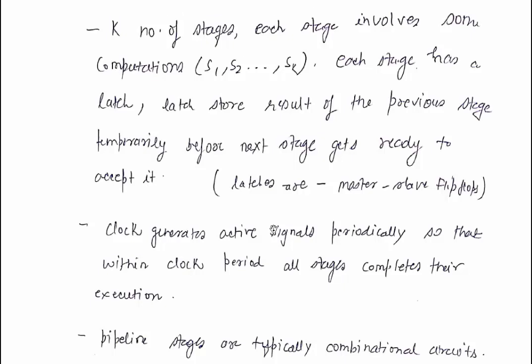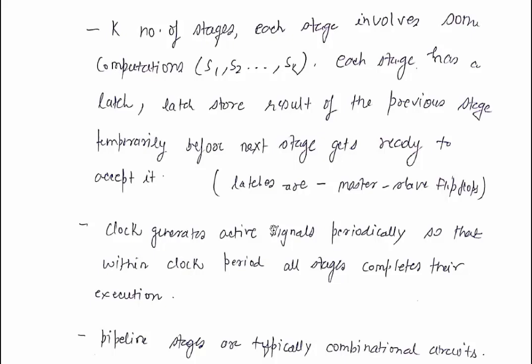So S1, S2, S3 up to Sk are your stages. Each stage has a latch. A latch is basically used to store the result of the previous stage temporarily, and why do we need that? So that the next stage gets free and ready to accept the input from the latch.